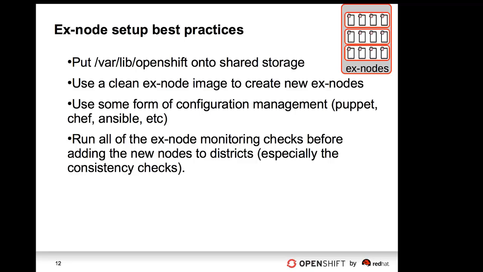Because we use Puppet for all of our stuff, we can recreate these new nodes, and we actually use a node image, a clean node image, to create the nodes. We used to create them completely from scratch, like basically we do the workflow of doing a kickstart file and then running Puppet and doing yum updates and different things like that.